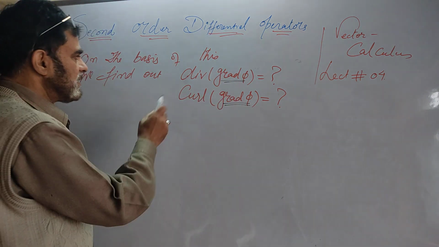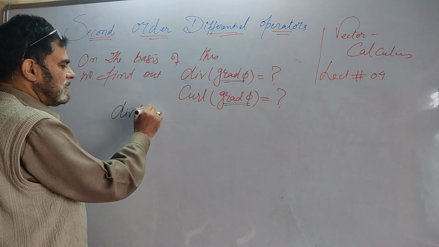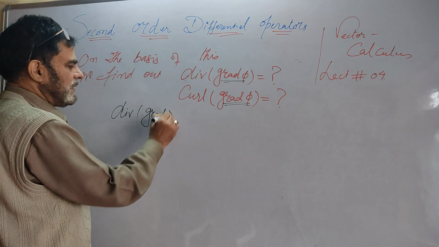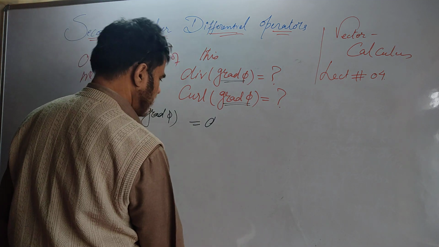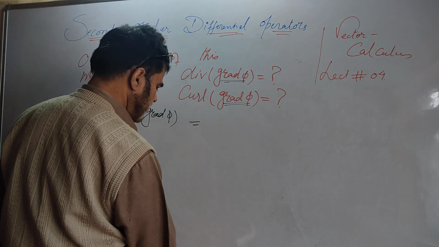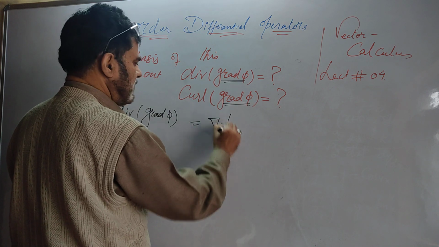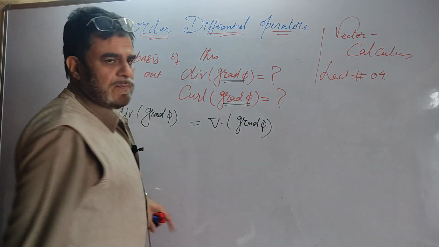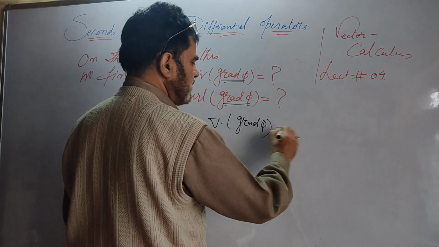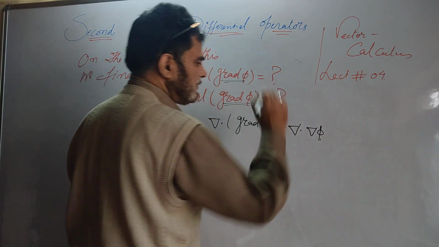When you find the divergence of gradient of phi, this means divergence is del dot gradient of phi. What is actually gradient of phi? It is del phi, so this is del dot del phi.